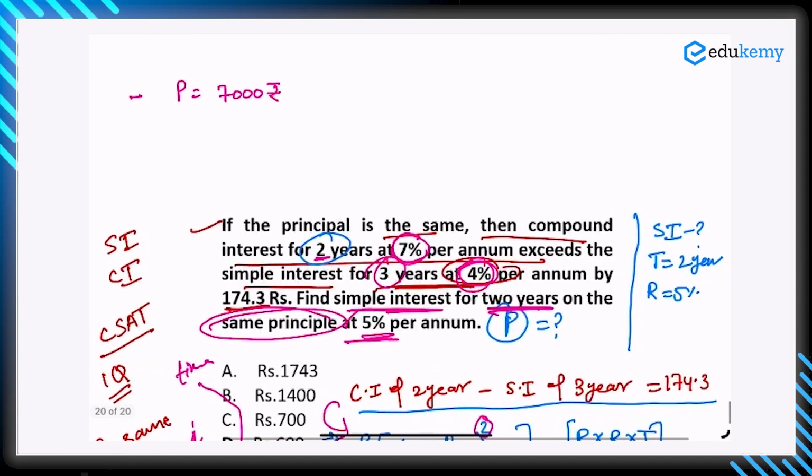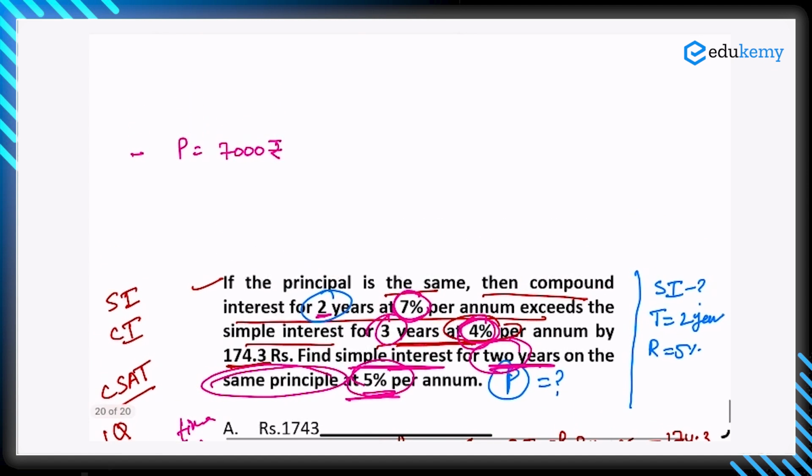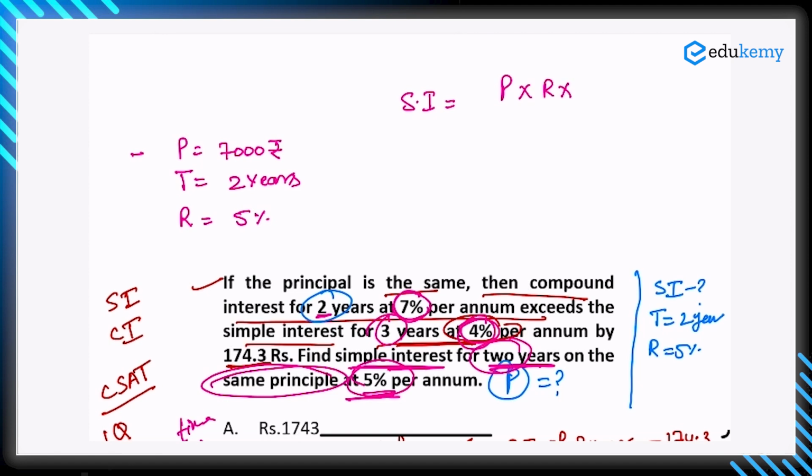Rate is 5% and time is 2 years. The formula for simple interest is P into R into T divided by 100. So the simple interest is equal to 7,000 into R, where R is 5 here, T is 2 here, and divided by 100.